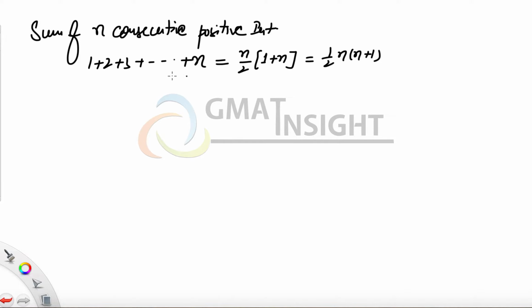Now, having discussed this primary thing, there are two more inferences that can be drawn out of it. Let me quickly discuss the next possible inference. The next is the sum of n consecutive even integers.